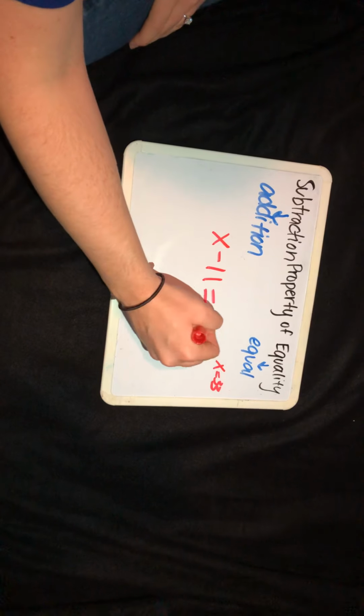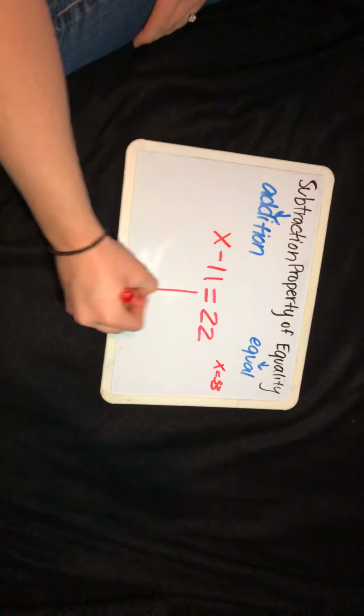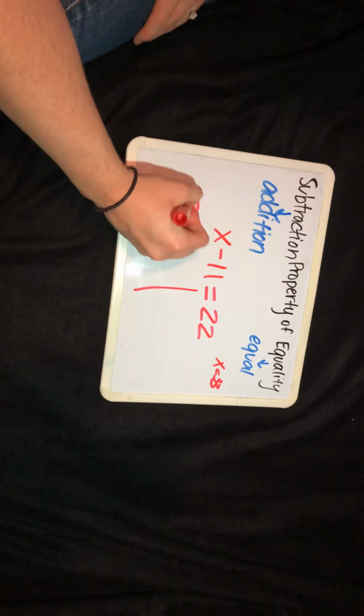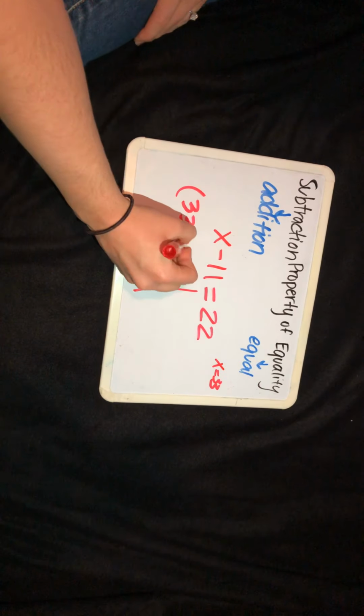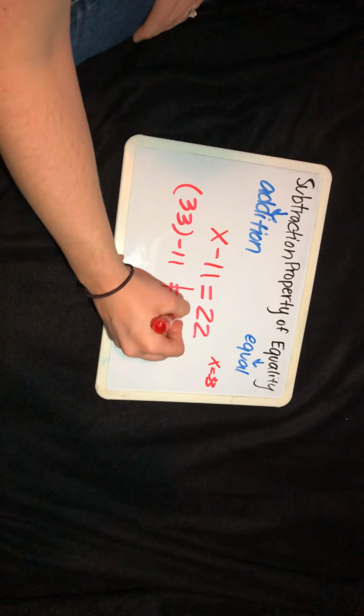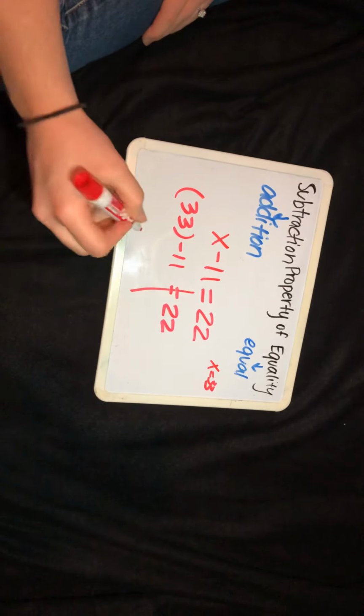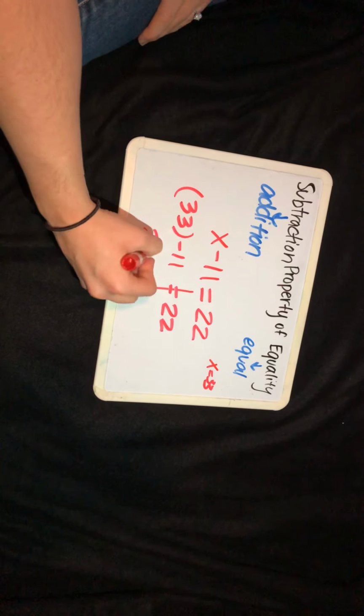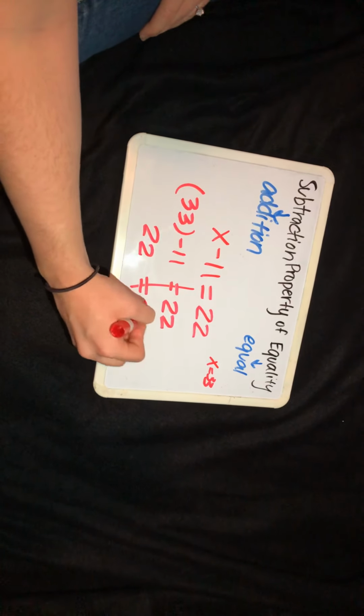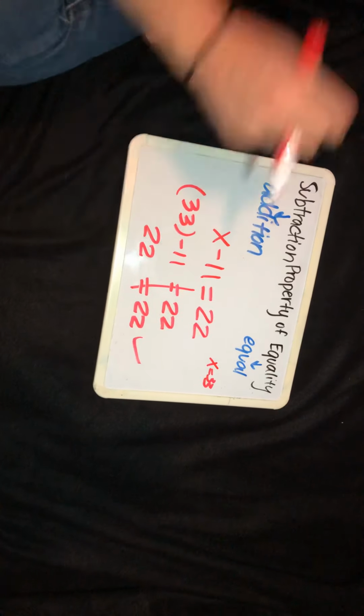So, x minus 11 equals 22. Draw my line, plug in my number, 33 minus 11 equals 22. 33 minus 11 is indeed 22. 22 equals 22. I know that I am correct.